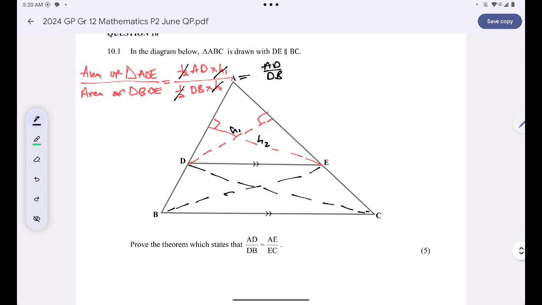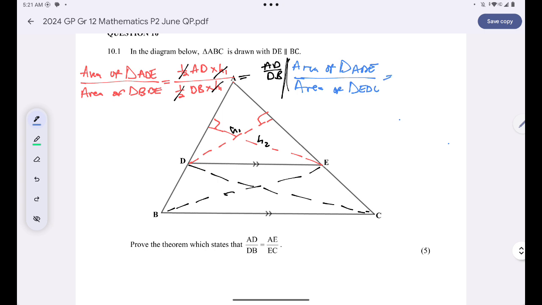Say the same thing we did here. Let me write on this side. Simply take the area of triangle ADE all over the area of triangle ECD or EDC.